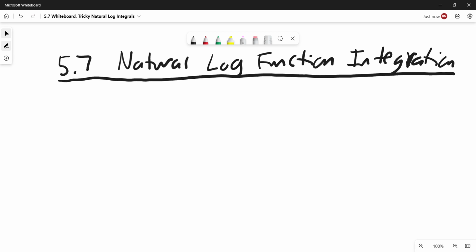The reason that we need the absolute value around the x, or whatever the inside function is, if you're looking at the box of formulas at the top of 354, is a domain issue. We can only take the natural log of positive things, and if you graph 1 over x, its domain is any number except 0.